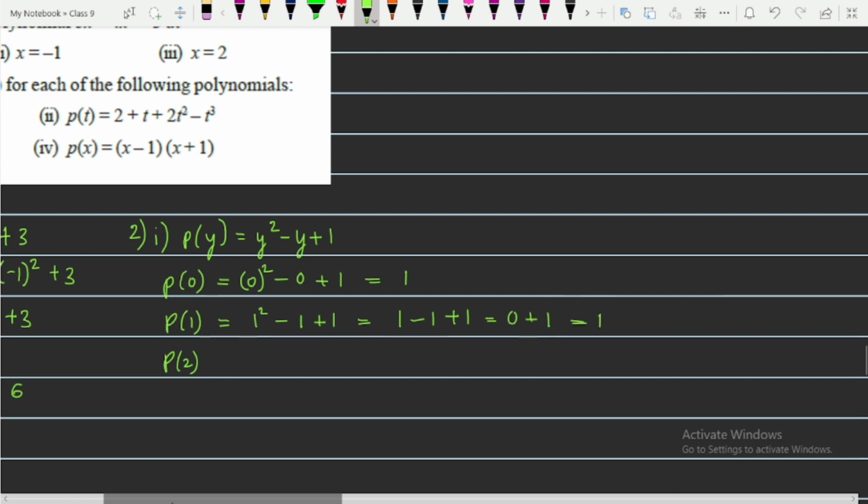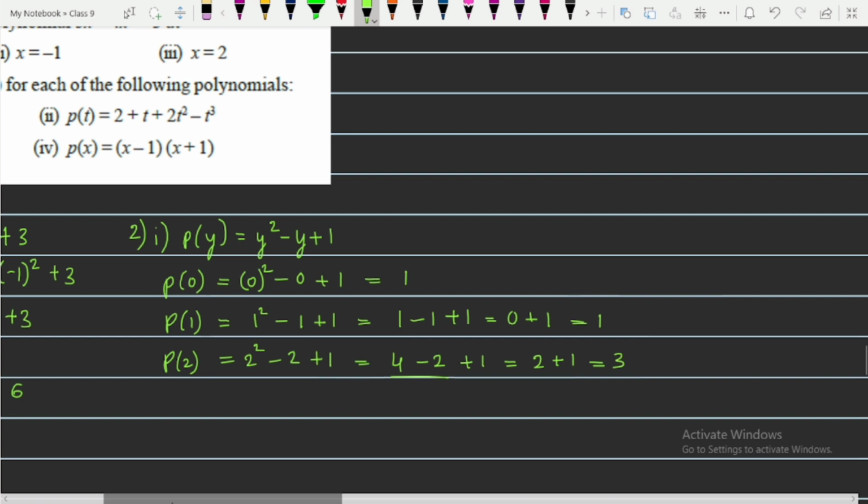P of 2 is 2 square minus 2 plus 1. 2 square is 4, minus 2 is 2, plus 1 is 3.